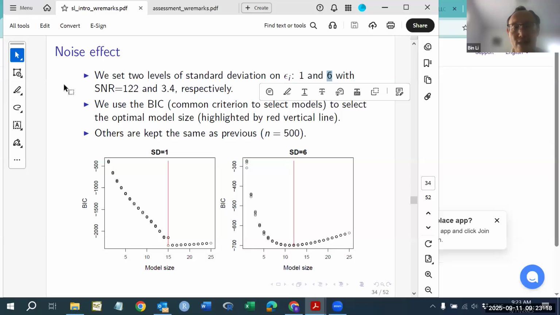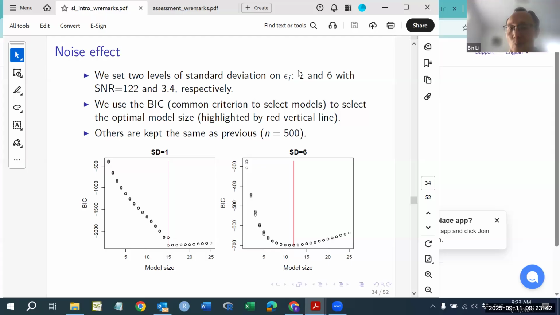Usually we use the SNR, signal noise ratio, to identify the data quality. So what is SNR? Signal noise ratio is the ratio for the variance for the true signal, true function f, over the variance for the random errors.